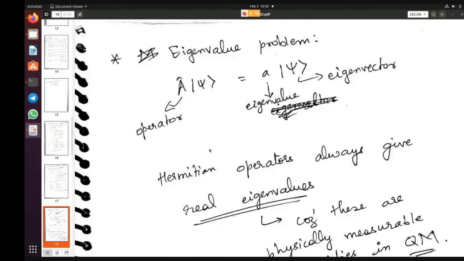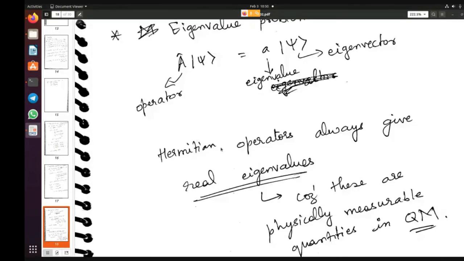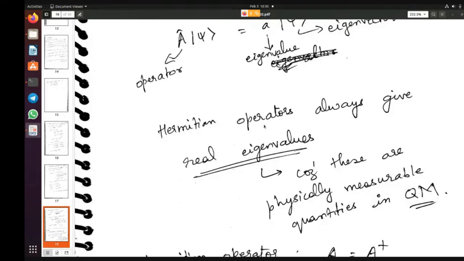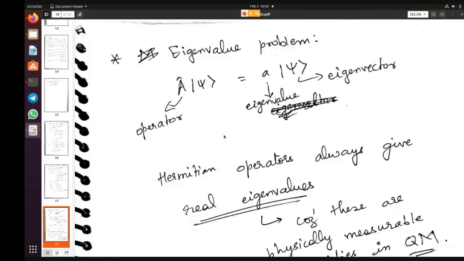Okay. So now we come to eigenvalue problems again. So let's see what we are talking about here. I think we've already told you. Any eigenvalue, eigenvector problem is represented in this fashion, where you have an operator A acting on a ket psi, and this gives you some eigenvalue.